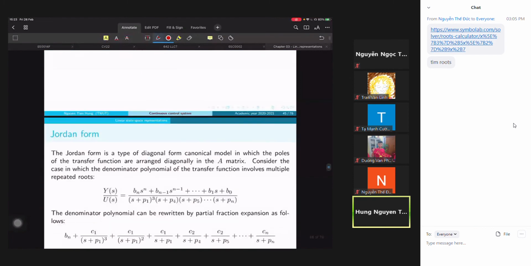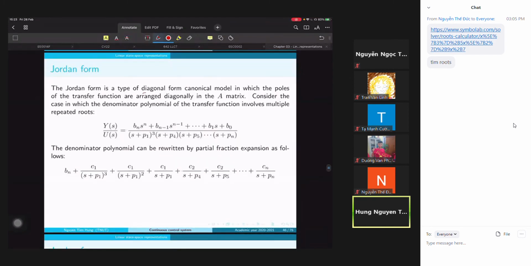Okay, so what is this? This is a type of diagonal form, but it involves multiple repeated or identical roots. Now, if you look at this form of transfer function, the P1 here is identical, meaning that we have s plus 1 multiplied by s plus 1 multiplied by s plus 1, three times like this, so we have 3 identical roots, and then we have 4, 5, and up to n.